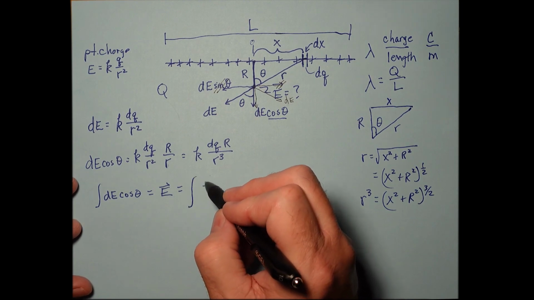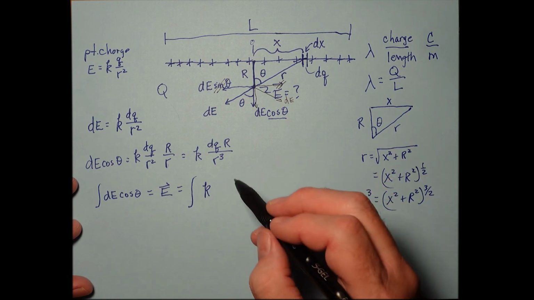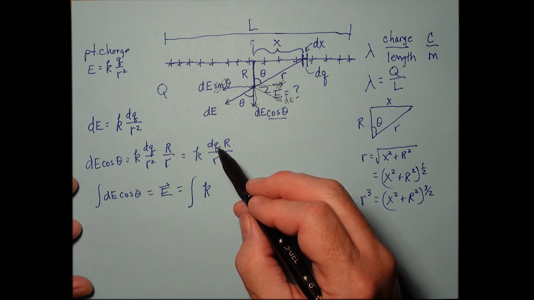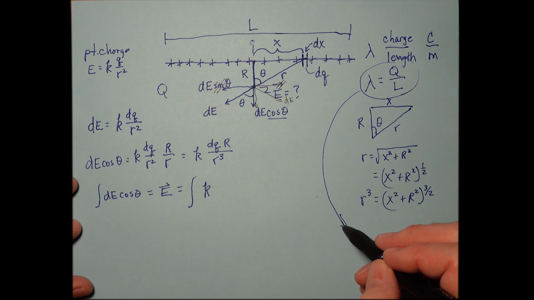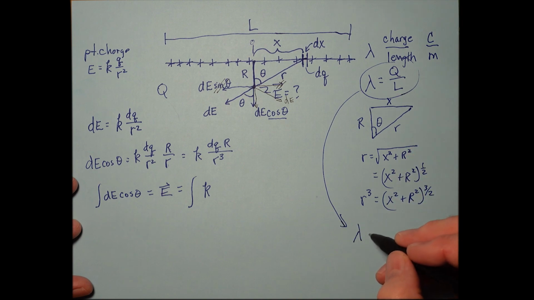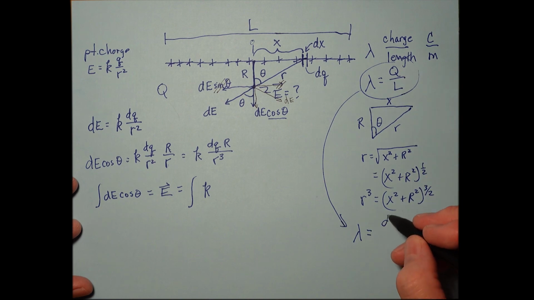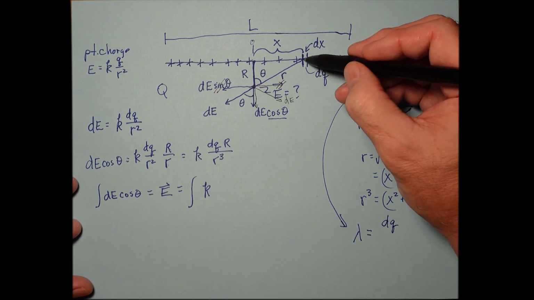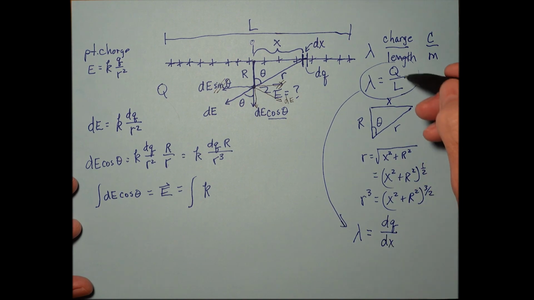We're integrating k. Now dq, let's think about dq for a minute as well. We need to use this bit of information right here. If we were talking about just the differential dq, then lambda, which is a constant, remember, is equal to q, in this case it's just dq, that's the amount of charge in this distance dx, divided by the length dx.